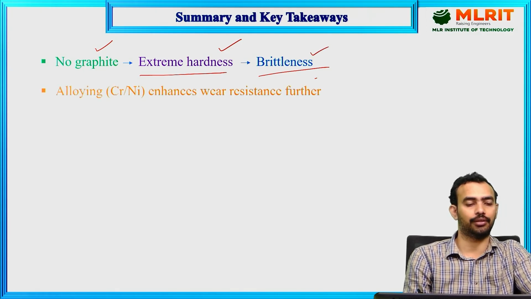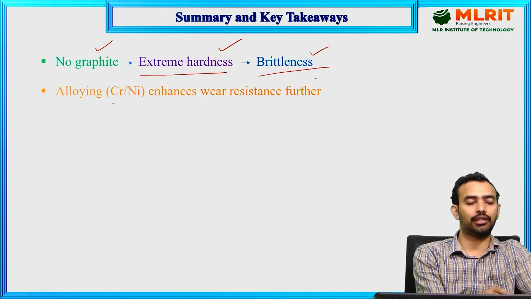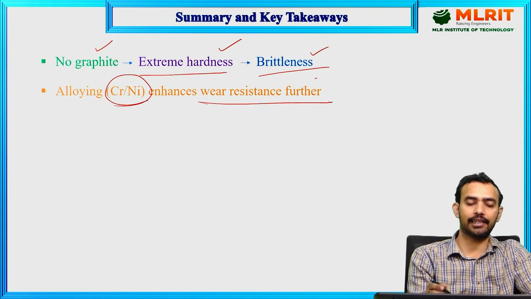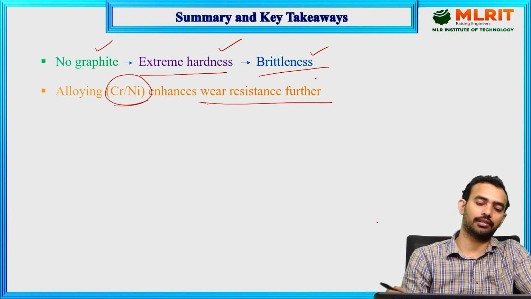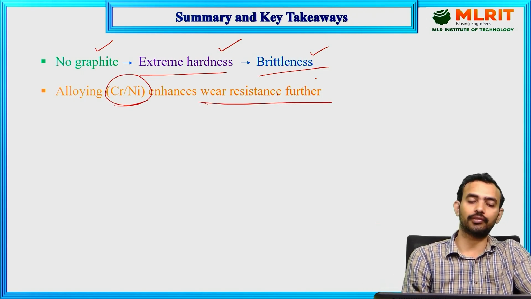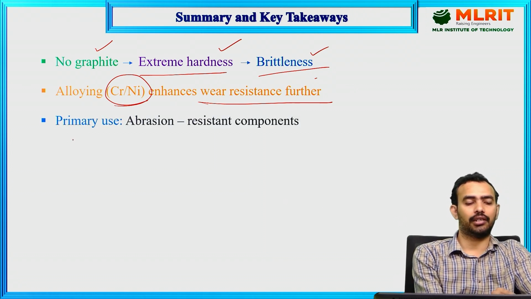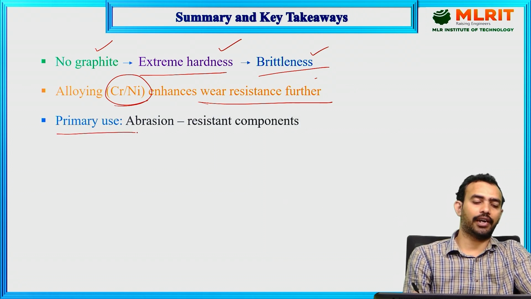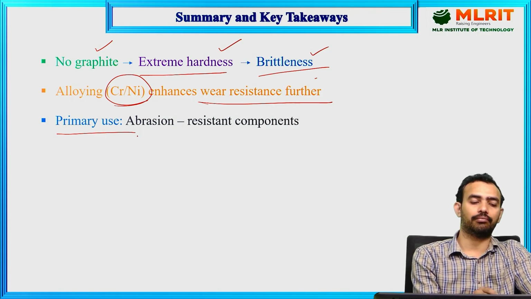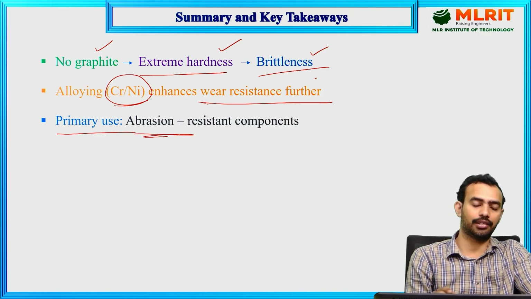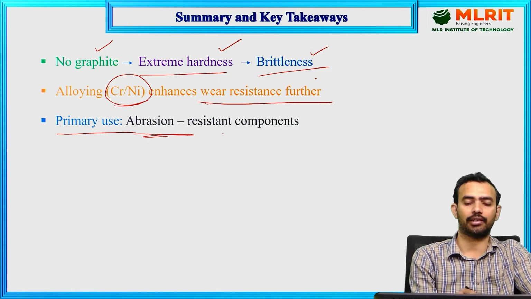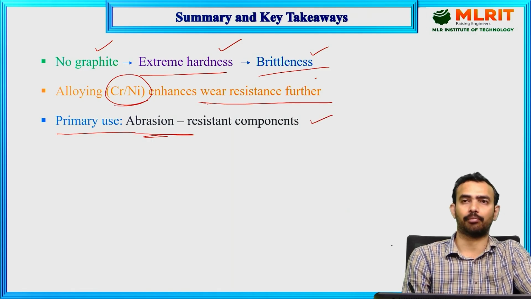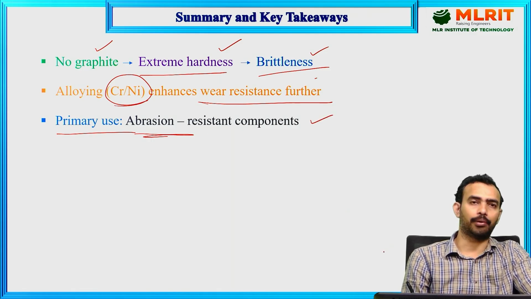Alloying with chromium and nickel can further enhance properties like wear resistance and corrosion resistance of the material. These materials find their primary applications where abrasion resistance is a high requirement, like crusher mills, mining mills and brake shoes.